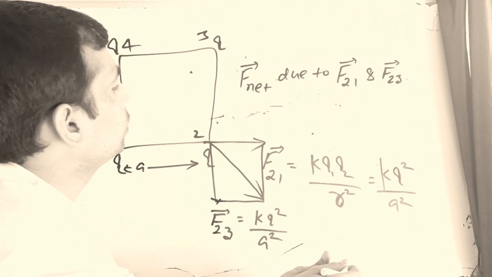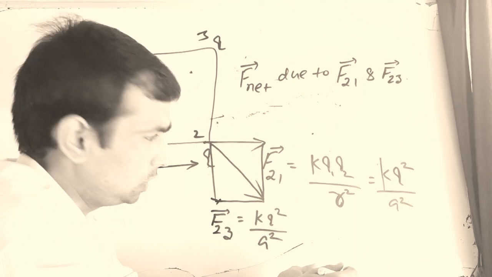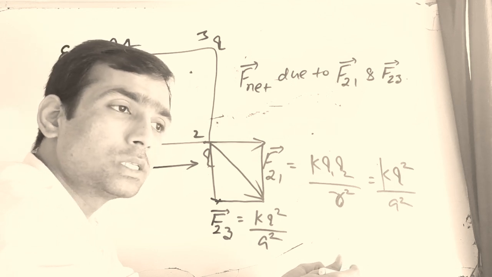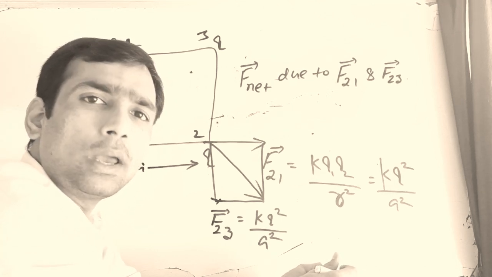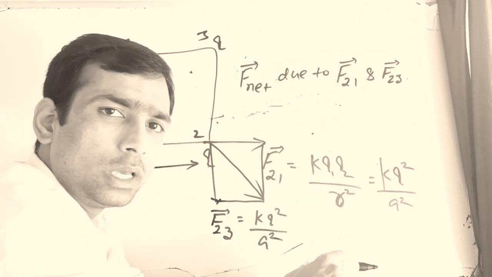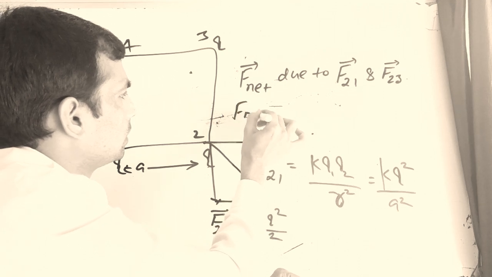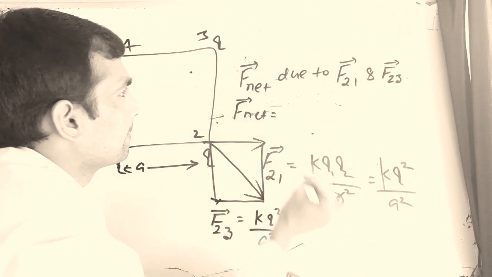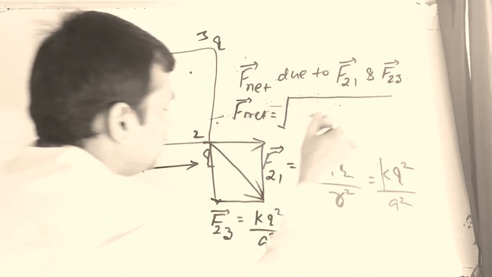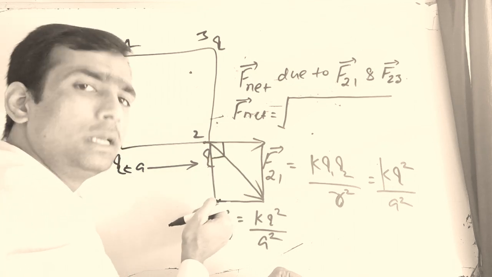So I'm going to apply the vector law of addition, because force is a vector quantity. If you want to add two vectors, you must apply the parallelogram law formula: F1 square plus F2 square plus 2 F1 F2 cos theta, whole under the square root. So basically I'm going to find F net due to all the charges. And the angle between these forces is basically 90 degrees.